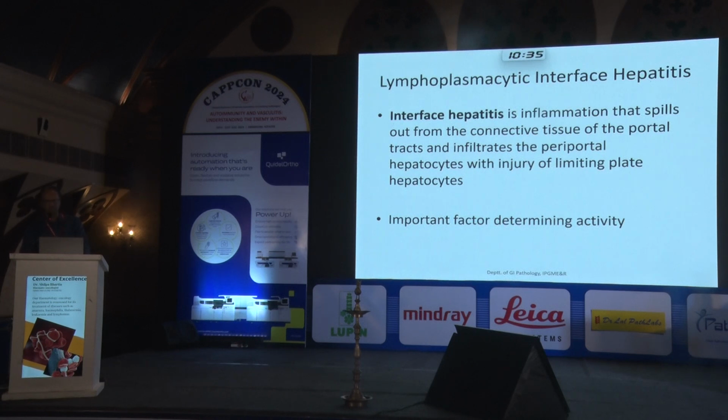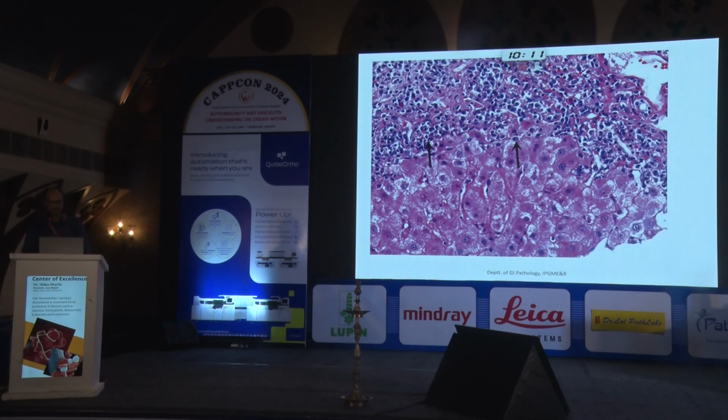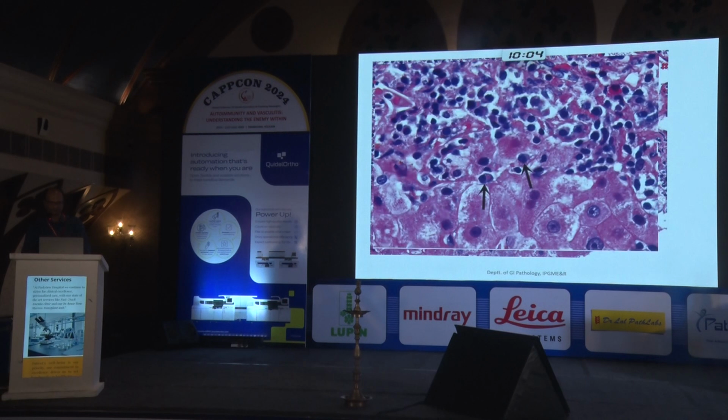So for us pathologists, interface hepatitis helps us understand this patient is going through a chronic active process. And in the biopsy, we will see typically this is the portal tract, this is the lobule, and here is the spill of inflammatory cells infiltrating the hepatocytes in the limiting plate. This is a higher power view. We can see very beautiful plasma cells and lymphocytes which are infiltrating the lobule from the portal triad.